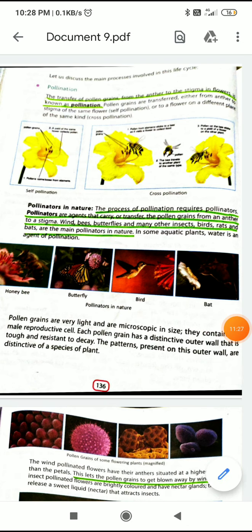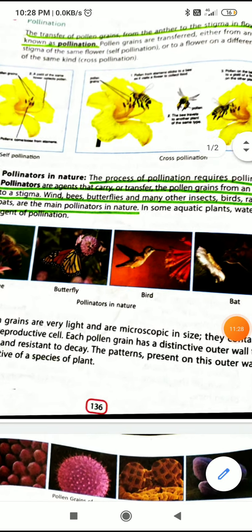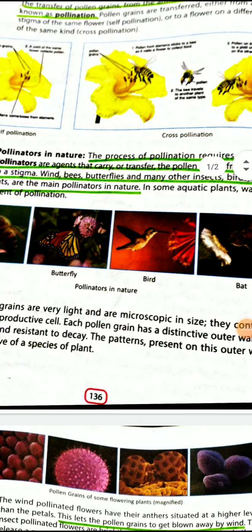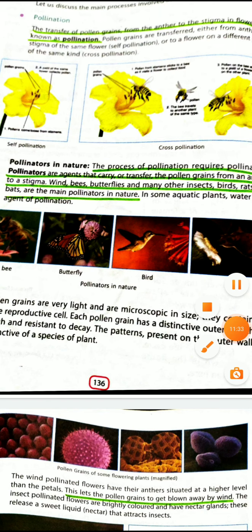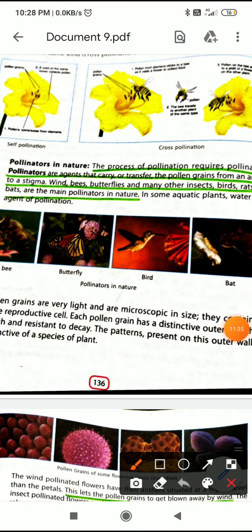Now, what is the function of the pollinators? Just like in the above picture, you studied the transfer of pollen grains through insects. Here are also insects, bees, butterflies, and birds also.